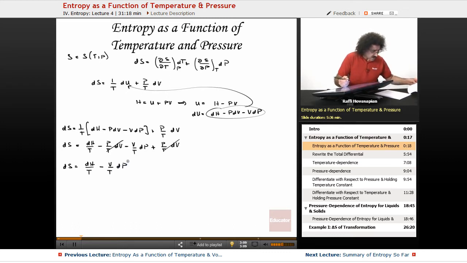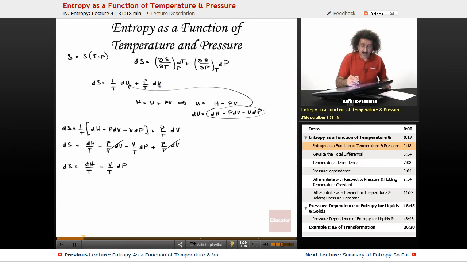Okay? So this is just another version of the fundamental equation, just manipulated with respect to enthalpy and energy. U also shows up in the definition of enthalpy. So this is just the version of the fundamental equation of thermodynamics involving enthalpy instead of energy.